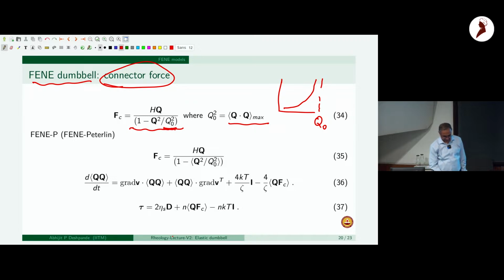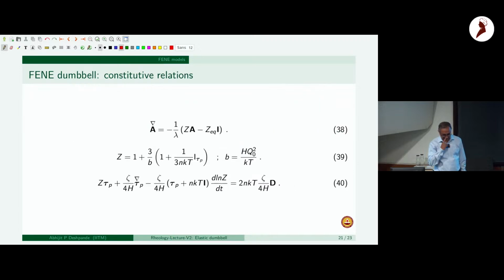And so if you include this in the overall theory, then the governing equations become a little more complicated. So this is the governing equation for the conformation tensor. It looks very similar except for these two factors which are associated with the nonlinear elasticity of the spring. Otherwise, the elastic dumbbell model was just with Z and Z equilibrium being a constant value which can be taken out. And so these become heavily nonlinear in terms of solving also. So this is the nonlinear term which incorporates log of Z and its derivative and so on.